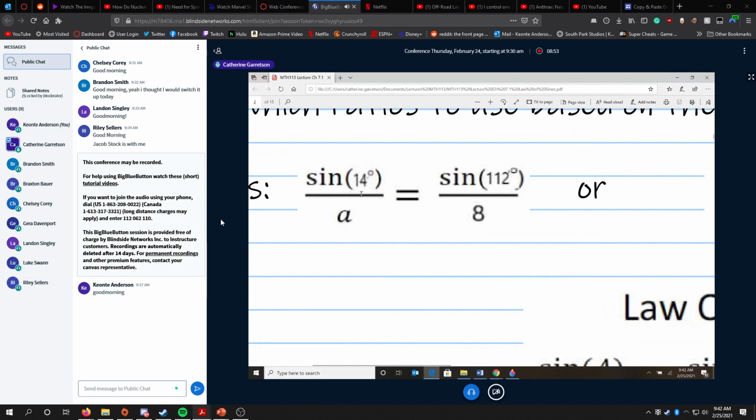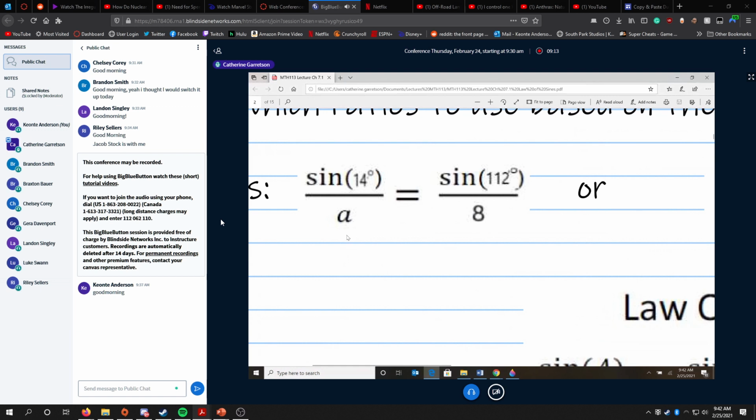I know the measure of its opposite angle, which is capital A. And then over here, I know an angle and the length of its opposite side. So this is how we would set up the formula. And then we would go about trying to solve for A.